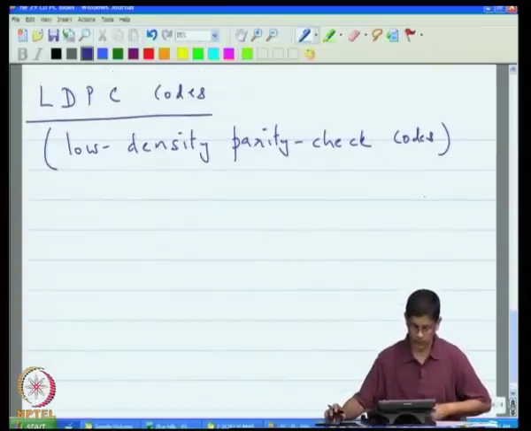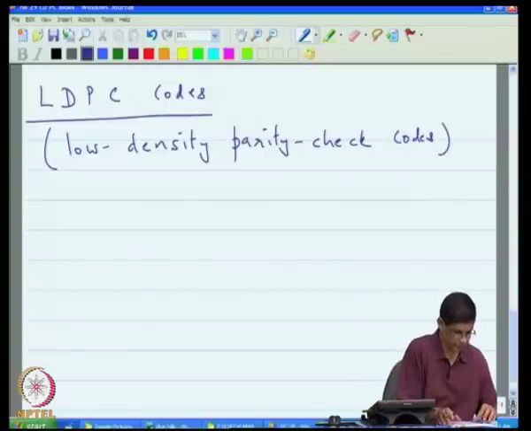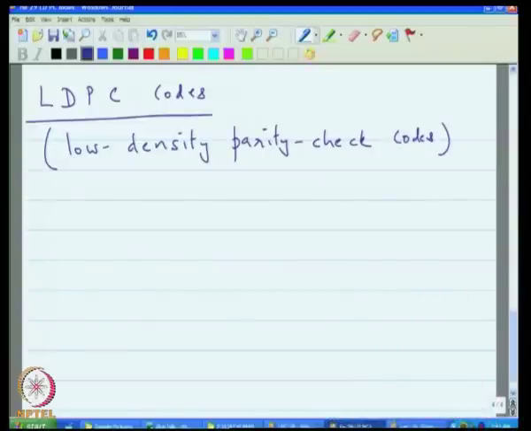Okay. So that leads to the question, what do you mean by low density? And so let me begin by trying to explain that.